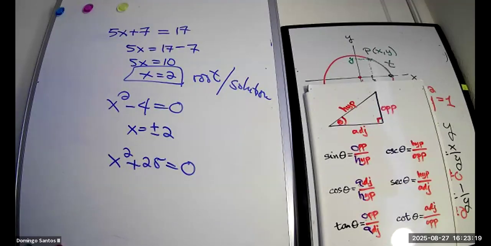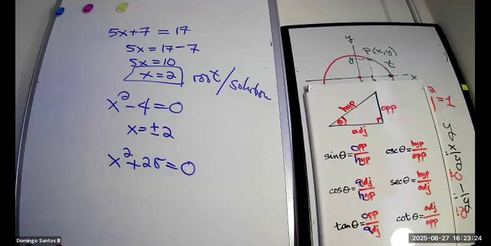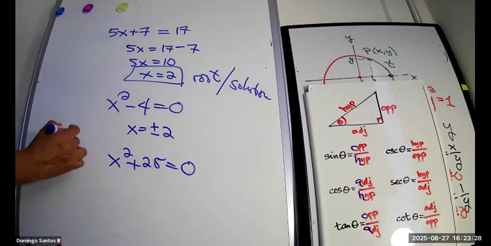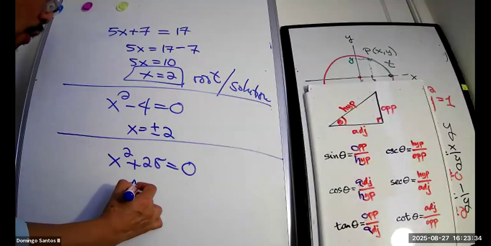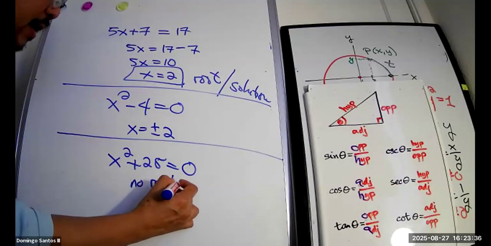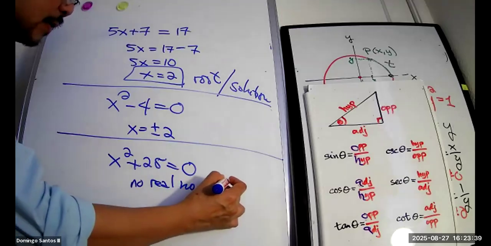Plus 25, is it 0? No. Oh, yeah, because when you move it, it'll be negative 25. I see. So what would you conclude from this one? Would you say it's undefined? Or would you say that there is no real number solution.